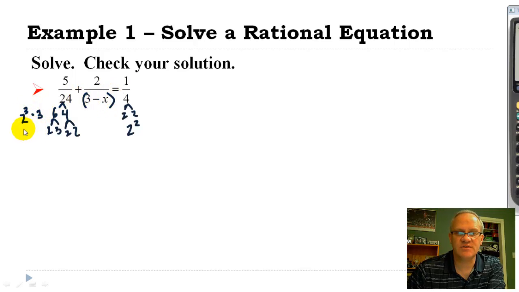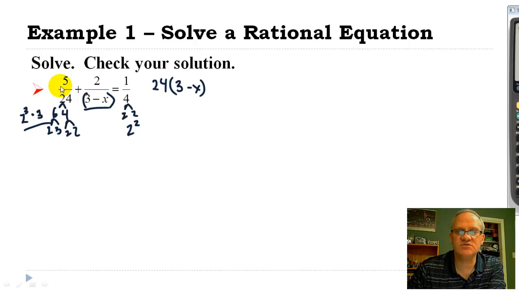So we're going to use the 2 and the 3 from there. This is the only time the 3 minus x factor comes up, so we're going to use that. And 2 squared, we didn't use because we used the 2 to the third. So basically what we're using is all of this, which is 24, and the parentheses. So our least common denominator here is 24 times 3 minus x.